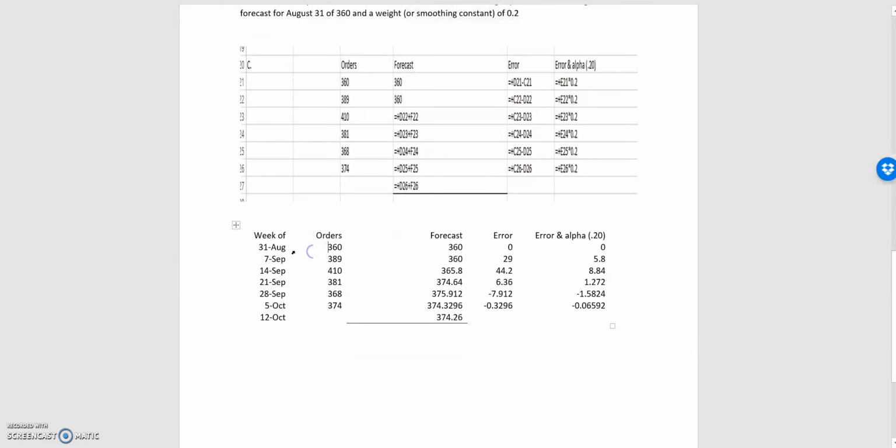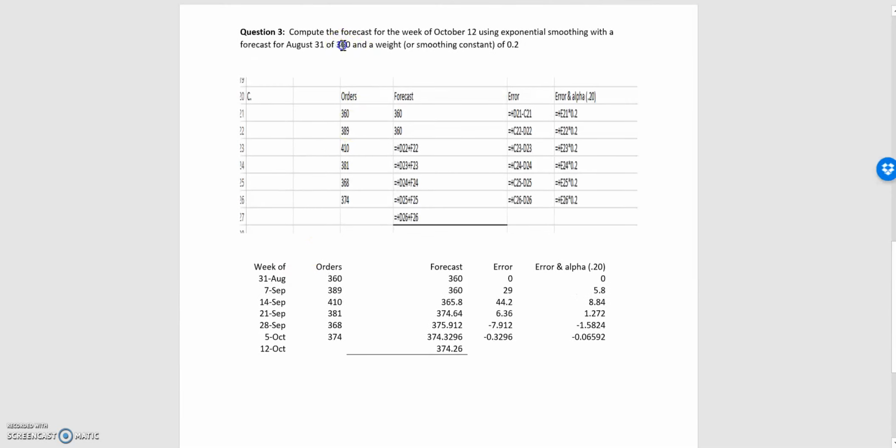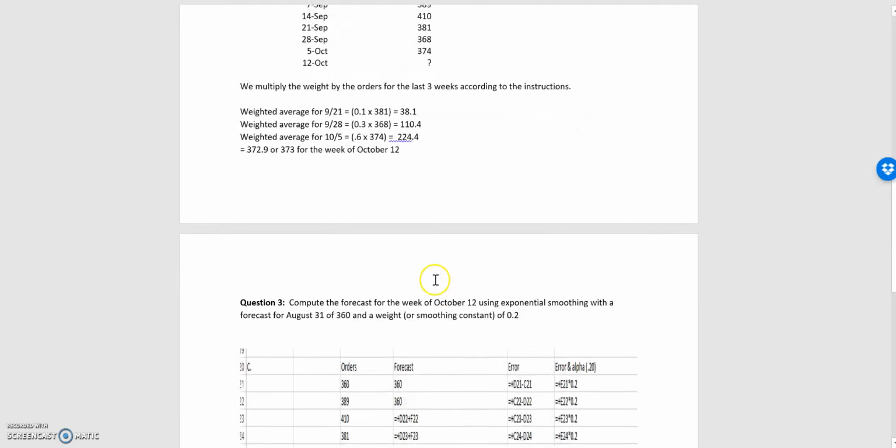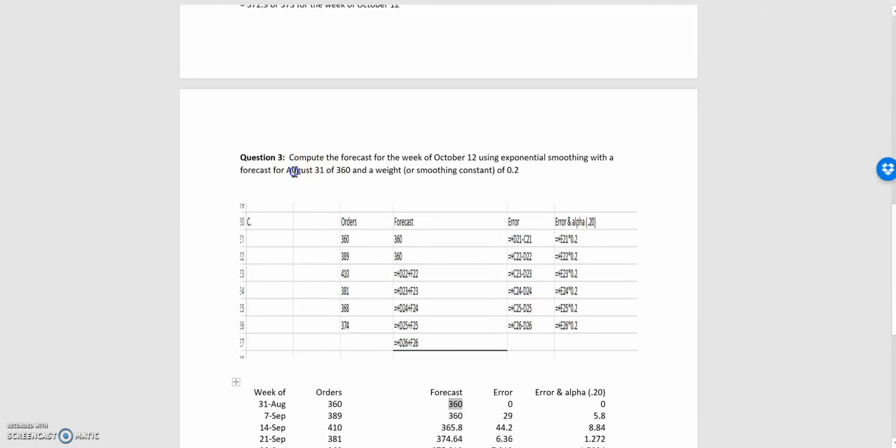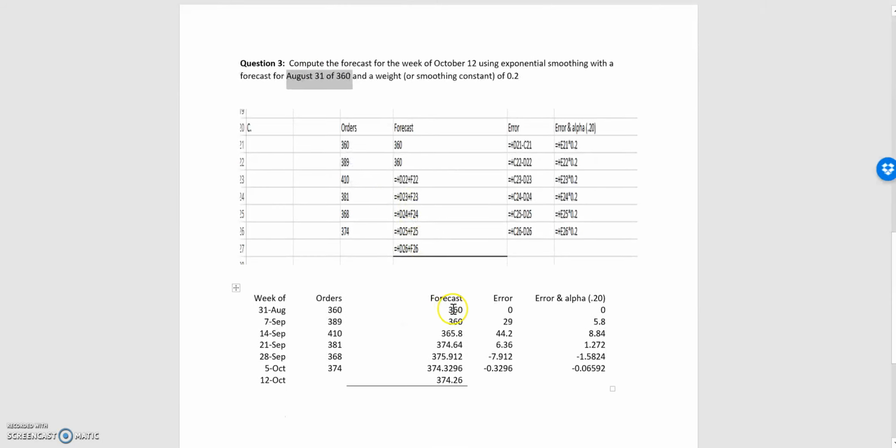So for August 31st, we're told in our problem that we will start with 360 orders and our forecast is 360 orders. We're using these numbers from our original problem and we're told that our forecast for October 31st is 360.